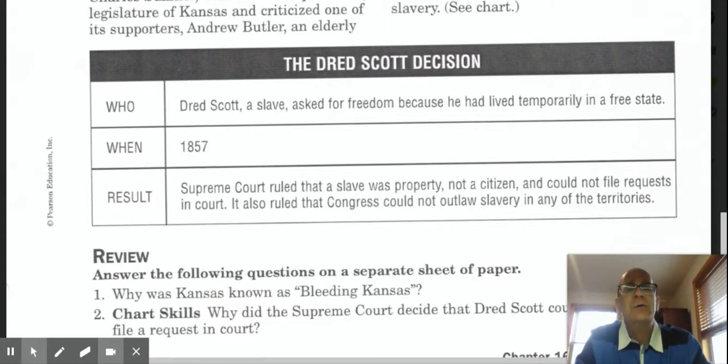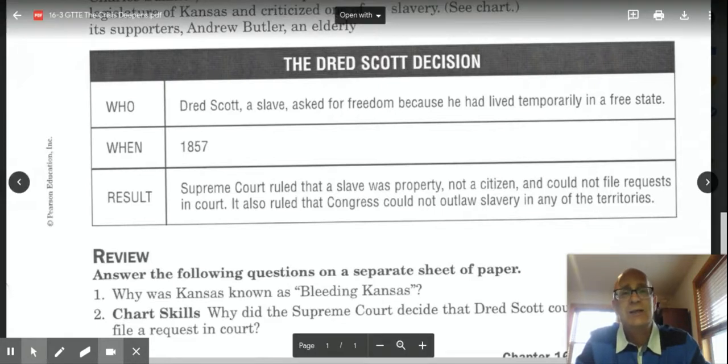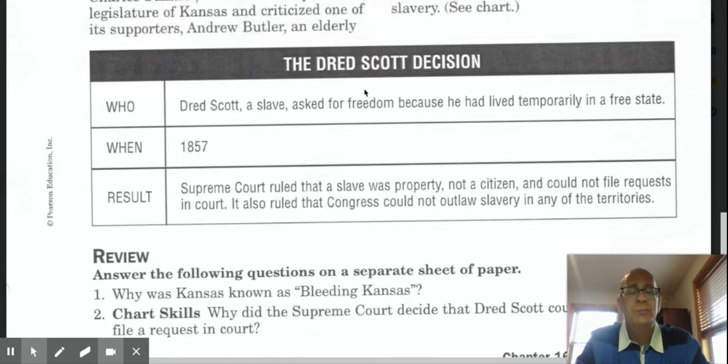The decision also ruled that Congress could not outlaw slavery in any of the American territories. So this decision is going to further drive a wedge between the Northern abolitionist movement and the Southern whites, who were arguing very vehemently in support of their right to own slaves.